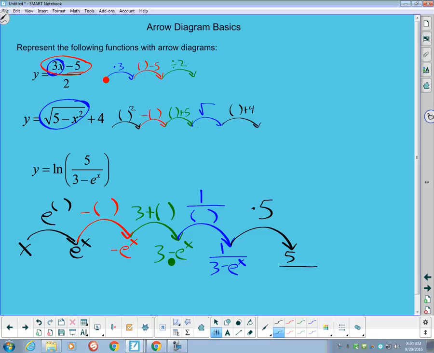That gives us the 5 over 3 minus e to the x. That's this whole part that is inside there. And then finally, we could take the natural log of it, and we end up with the natural log of 5 over 3 minus e to the x.